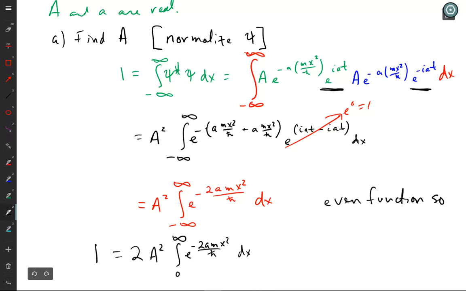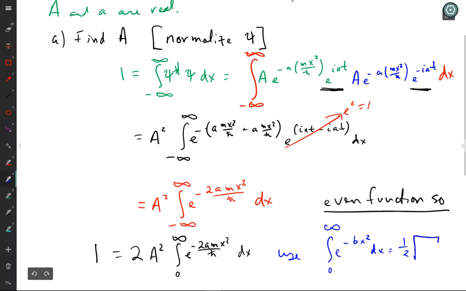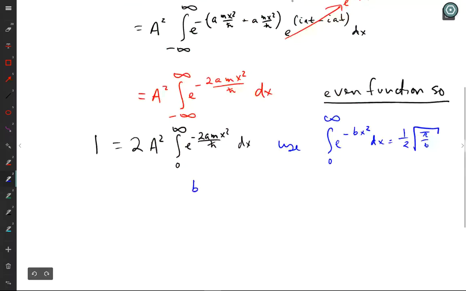Then what do I do? Yep. Integral from 0 to infinity of e to the minus bx squared dx is equal to 1/2 square root of pi over b. Right, that comes from the integral table. So I recognize that b is equal to 2am over h bar.